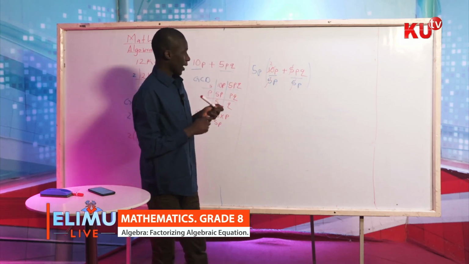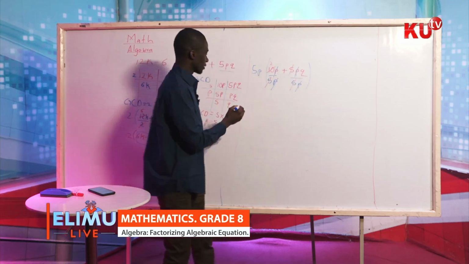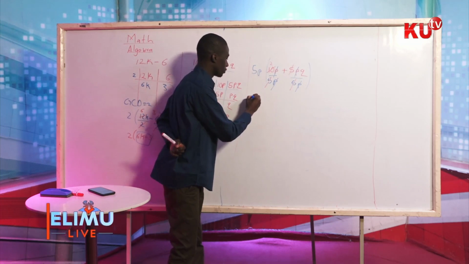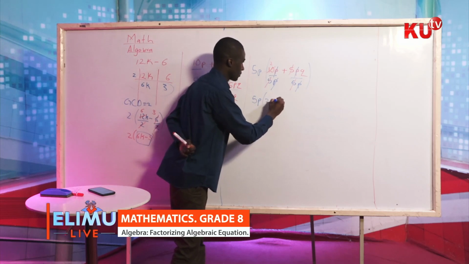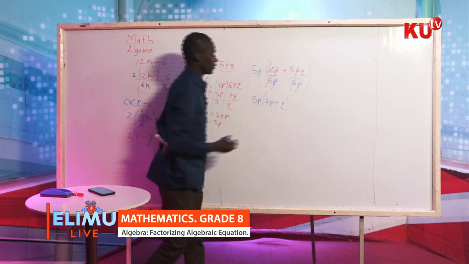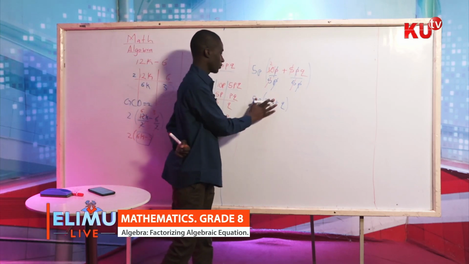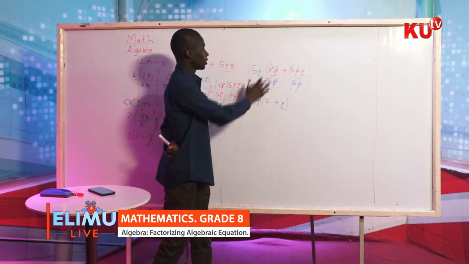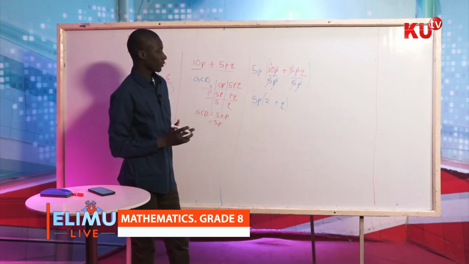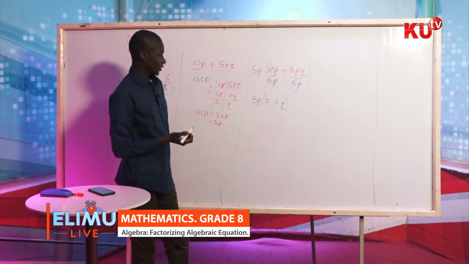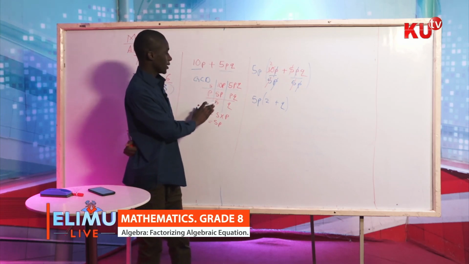Moving to the other part, this P is going to eliminate this P, such that your final expression becomes 5P into bracket 2 plus Q. Sorry, this P was removed from the cancellation, this divided by this one. So you're only left with 2 and Q as the content of the inner part of the expression. And we can see it still retains the same idea from what we had initially.